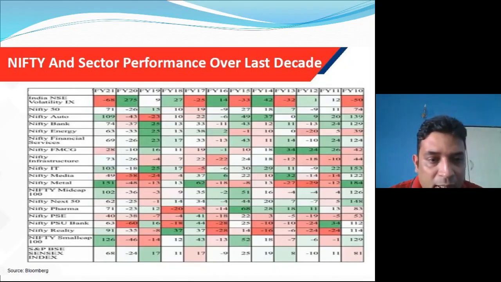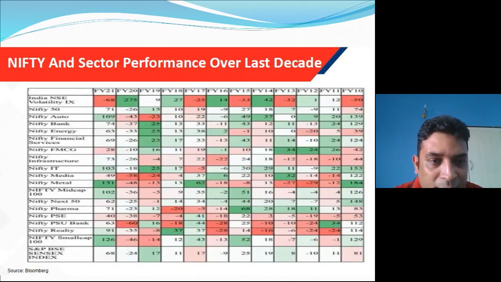If you see, for example, the 2020 data point, in Nifty Realty, this Realty Index has given minus 35% return, whereas in FY 2018 it gave plus 37% return. So this green point means they have given a positive return, and red is a negative return.